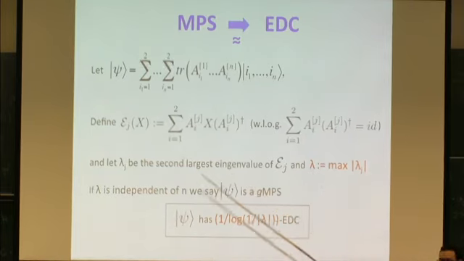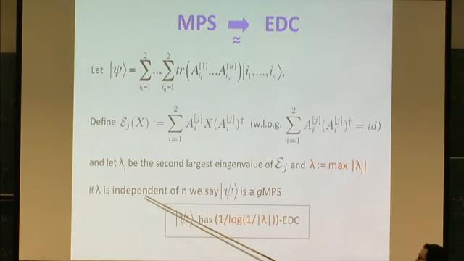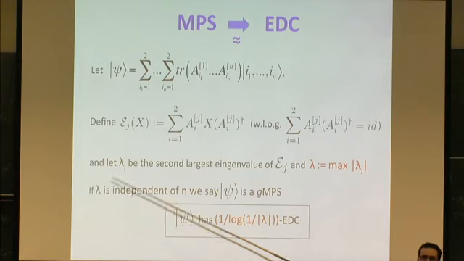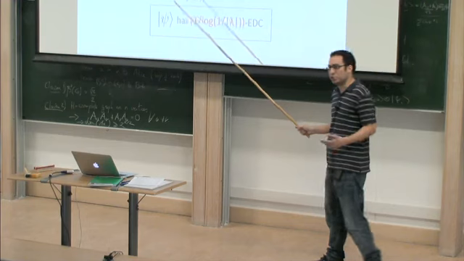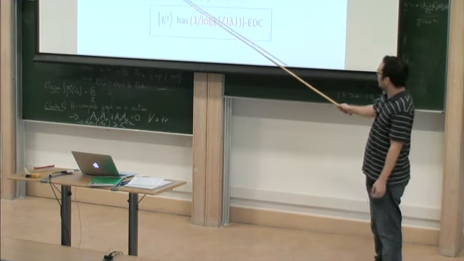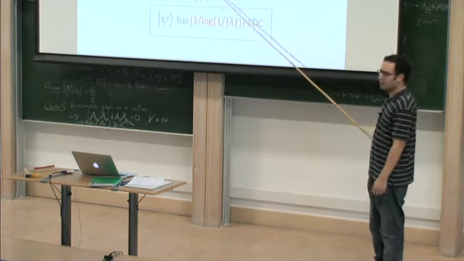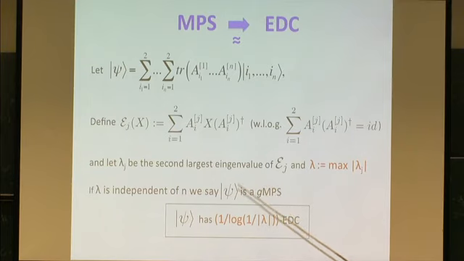Now, an interesting class of matrix product states is when this lambda is independent of n, the size. This is the kind of matrix product state that would be interesting, and we can call them GMPS, gapped MPS. They have this property. And this lambda is interesting because if it's non-zero, then the state has exponential decay of correlations. The correlation length is some function of this lambda, but don't worry too much.